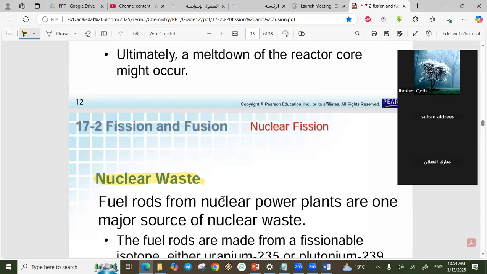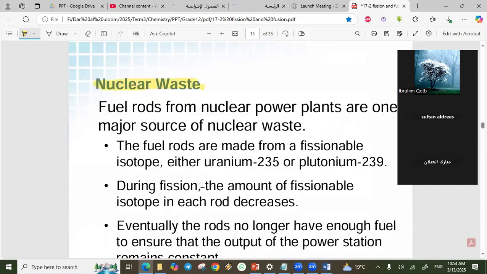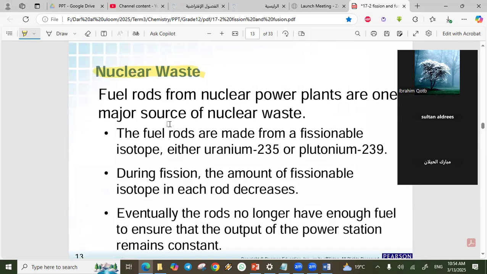So this is a big problem that countries try to solve by digging deep holes in the desert and so on to bury the waste inside. So if I ask you what is the disadvantage of nuclear reaction, you say the nuclear waste.